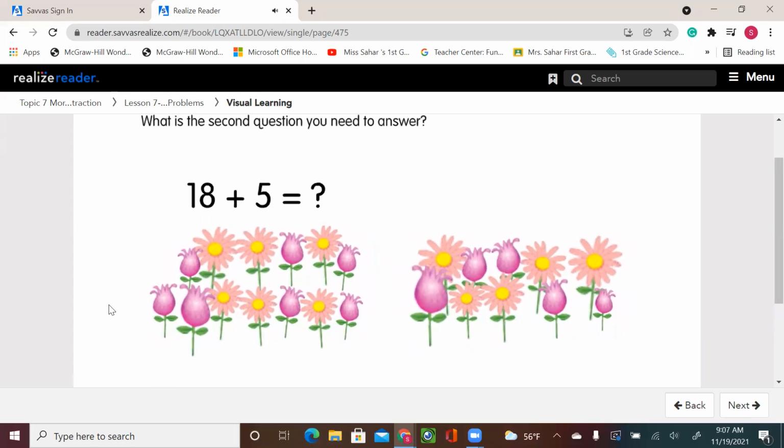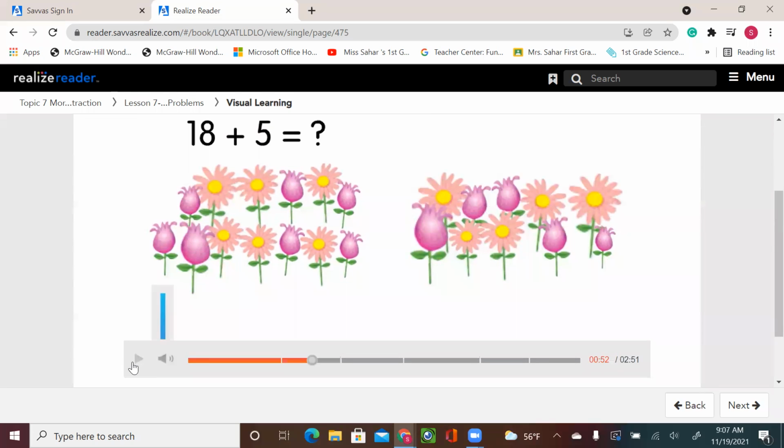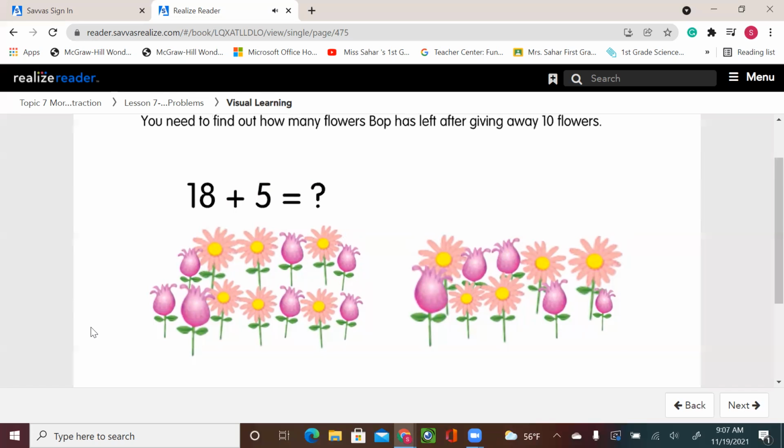What is the second question you need to answer? Okay, how many does Bob have now? You need to find out how many flowers Bob has left after giving away 10 flowers.